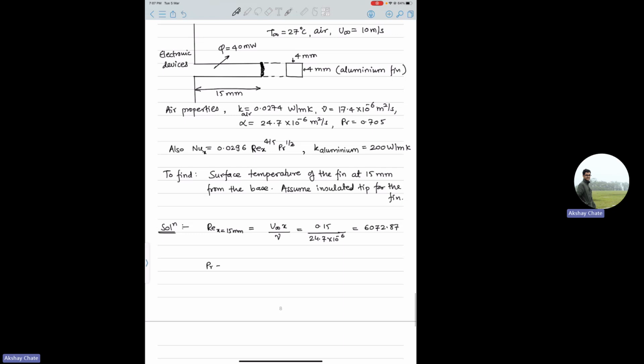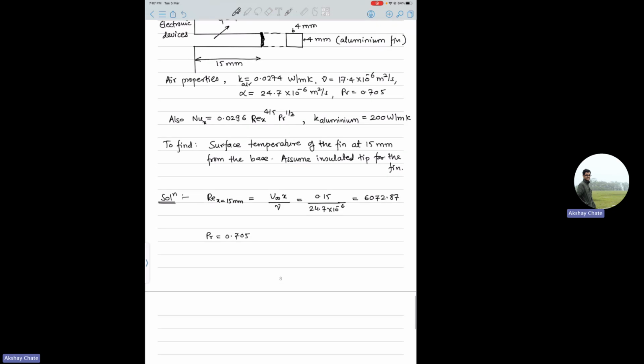And then you can calculate the Prandtl number also, because you need it in the Nusselt number. So mu Cp by K. Oh, actually it is directly given also. No need to calculate. So now you can go ahead and use it in your Nusselt number expression. The Nusselt number is h into x, or here it will be L, because it's the total length of your fin, divided by K of fluid.